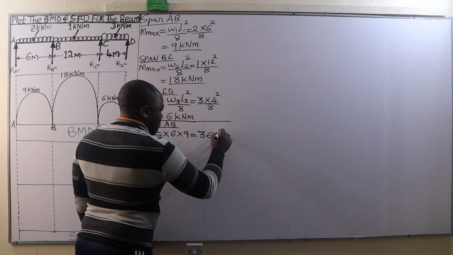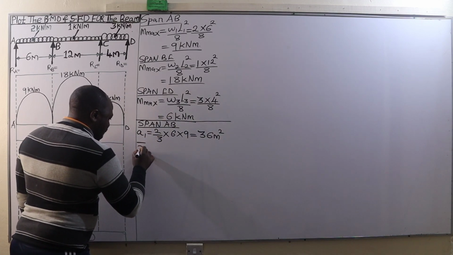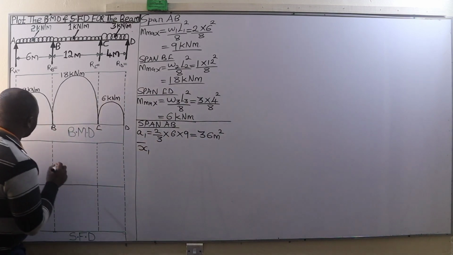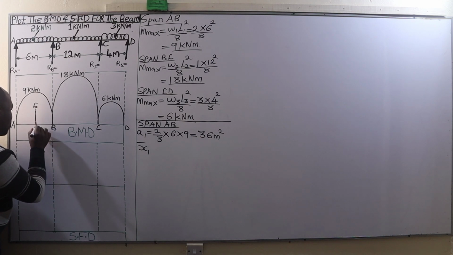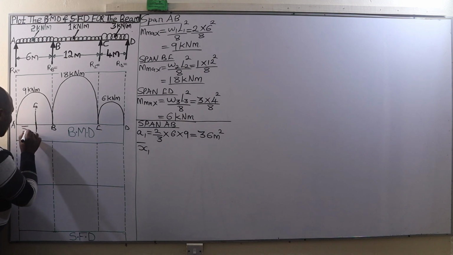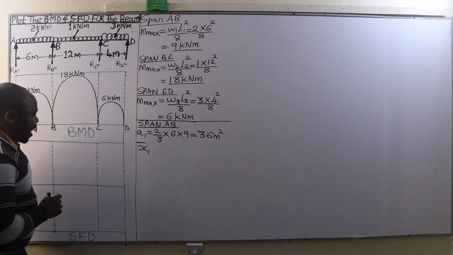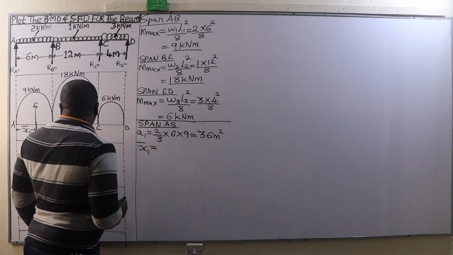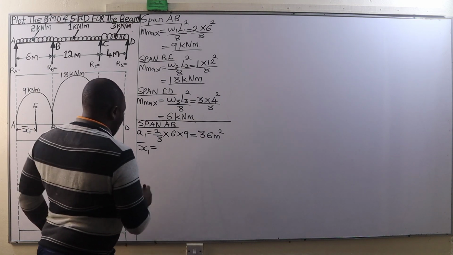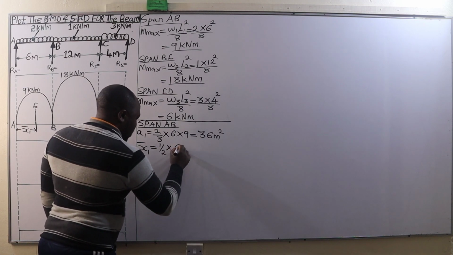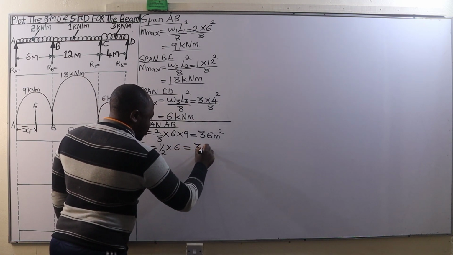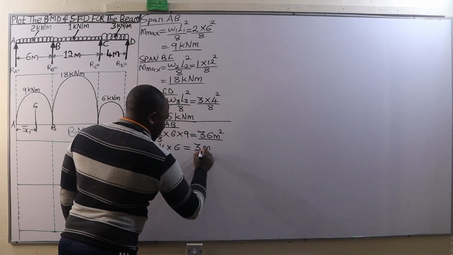Then bar x1. Bar x1 is the distance from the center of gravity of this bending moment diagram all the way to the end A. And bar x1 will be given by half the span A to B, which is 6 meters, and that's going to be 3 meters.